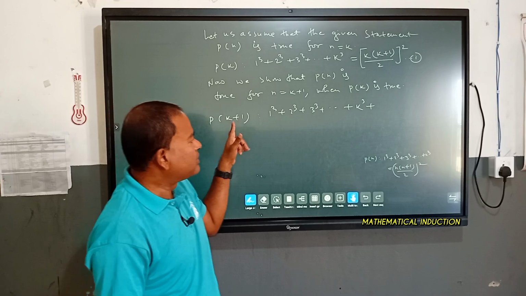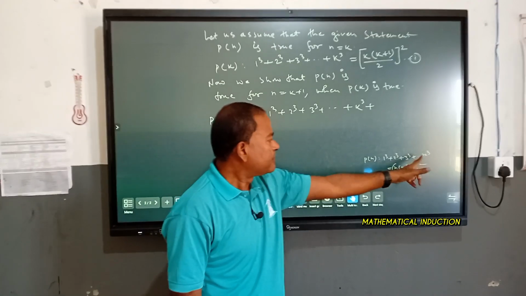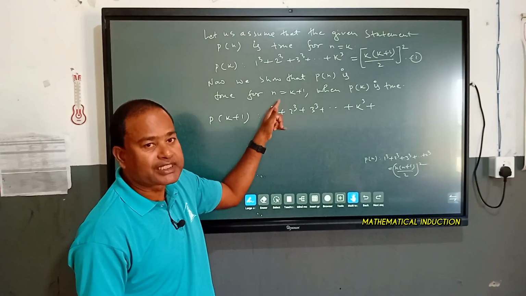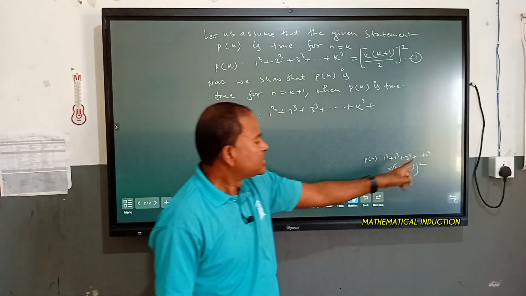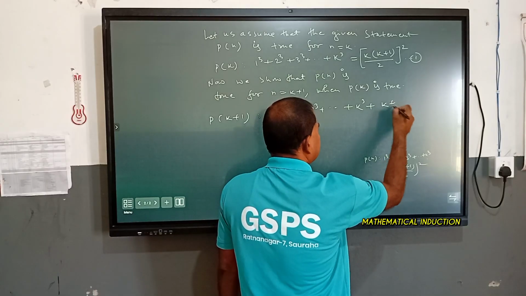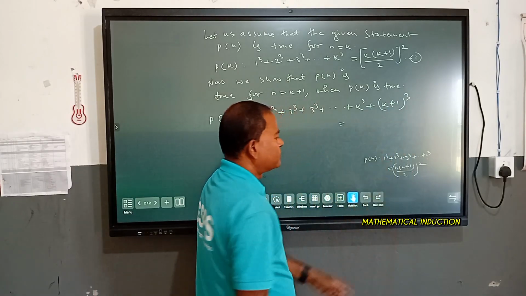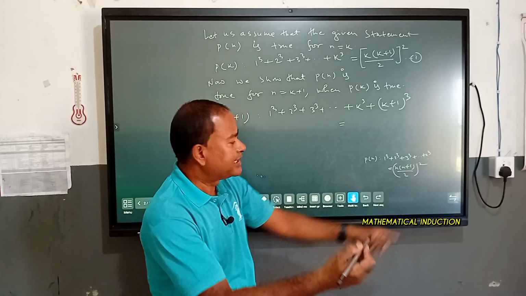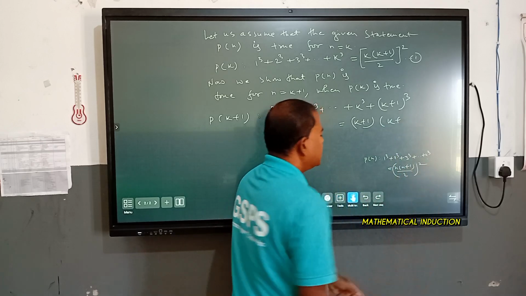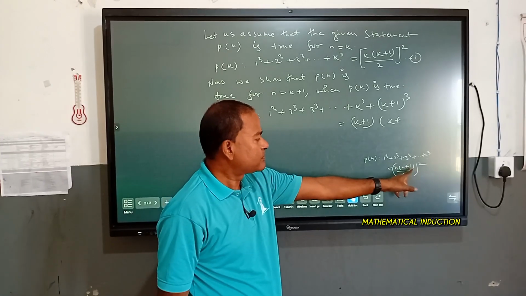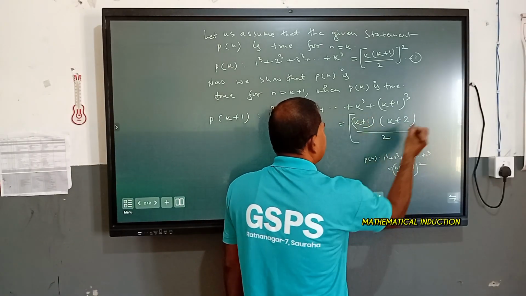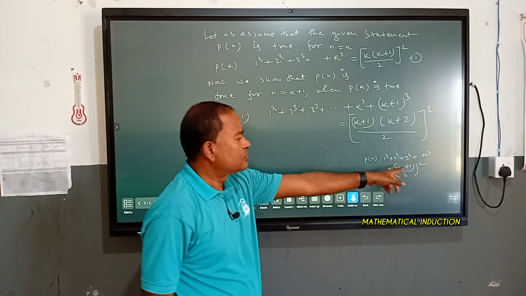So dear students, if we put the value of n = k+1, because we are going to prove this statement is true for n = k+1, then we get (k+1) whole cube, which is equal to, again putting n = k+1 on the right hand side, k+1 plus 1 will be 2, then we get [(k+1)(k+2)/2] whole square.